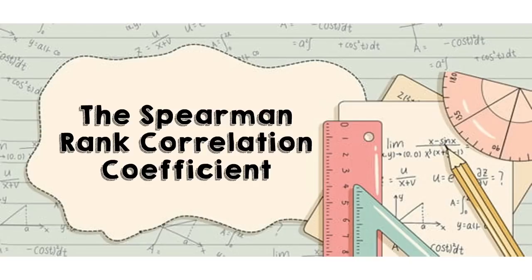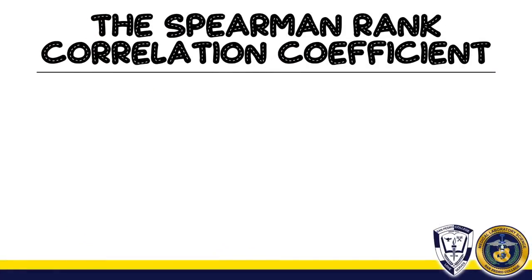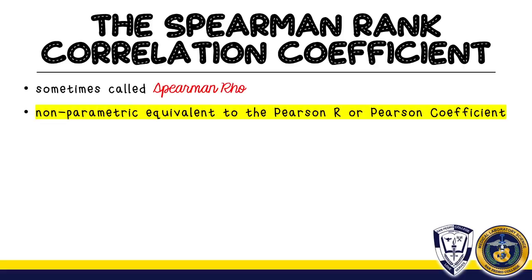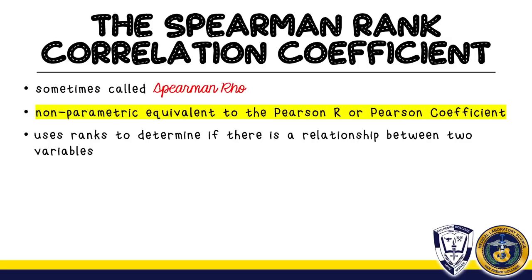Under correlations, we have the Spearman rank correlation coefficient. The shorter term for it is Spearman rho, and it is the non-parametric equivalent of your Pearson r, also known as the Pearson coefficient.